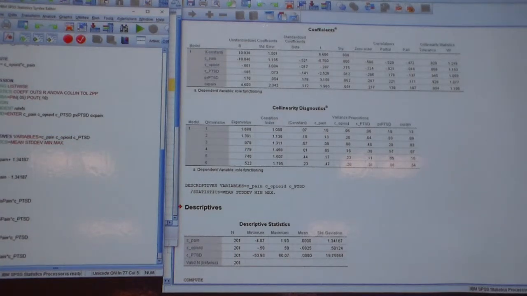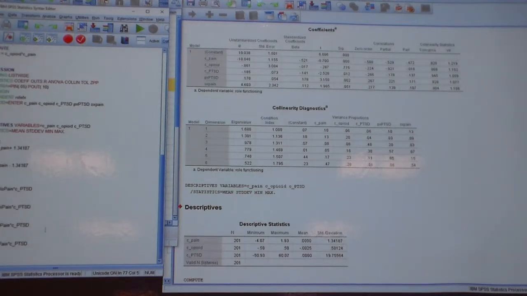Just because technically pain is associated with opiate use as well.